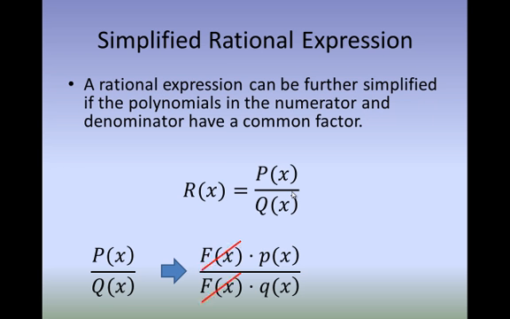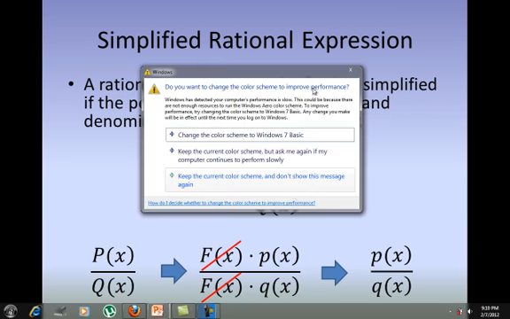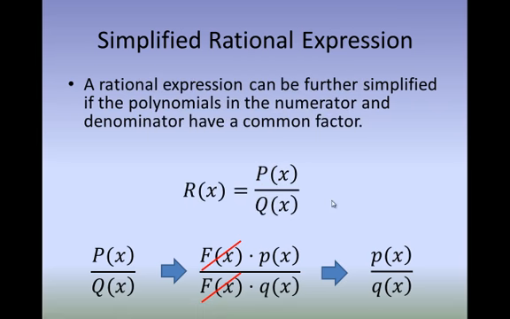As you can see, we can cancel out the f factor and arrive simply at small p over q.